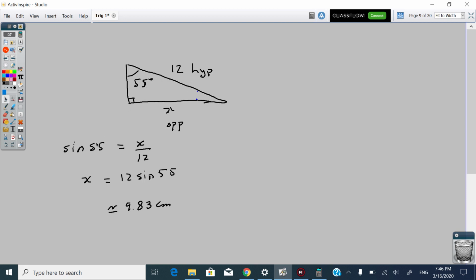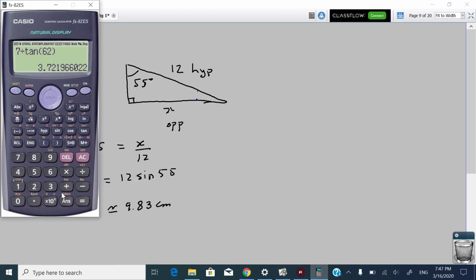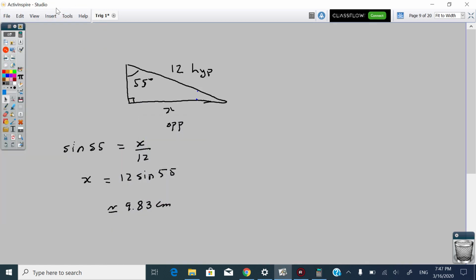So sine 55 is equal to the opposite, which is x, divided by 12, which is the hypotenuse. Cross multiply, you get x equals 12 times sine 55, and let's do that together. 12 sine 55, and as you can see, that's 9.83 centimeters to three significant figures.